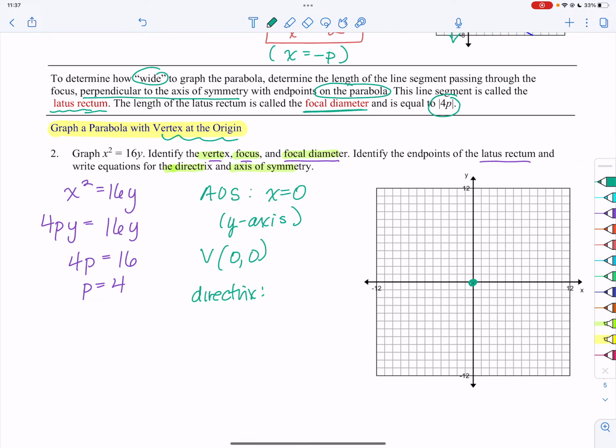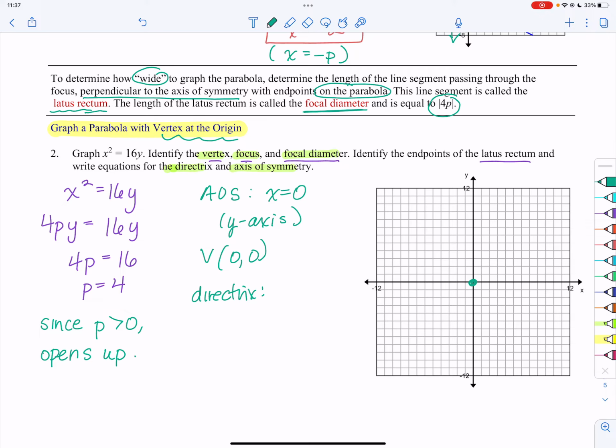And that directrix will be, since p is positive, we will be opening up. I better put just opens. Okay, so our x is squared and our p is positive, so we are going to open up.